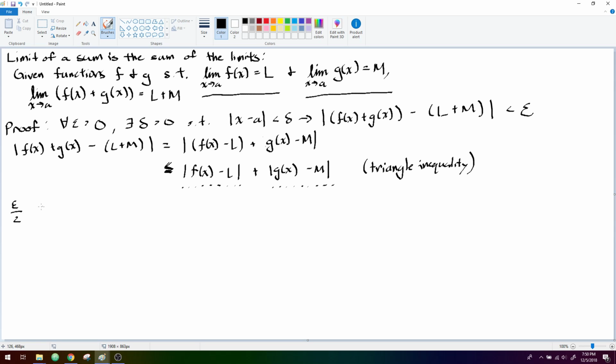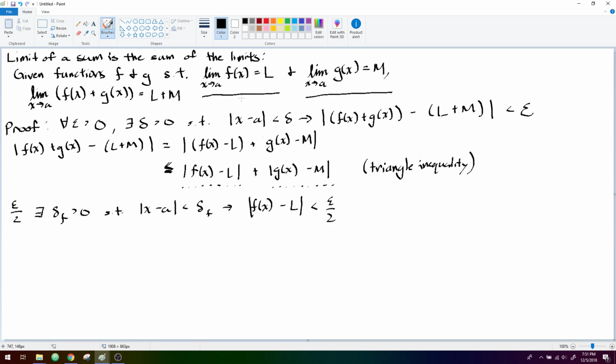We know that for epsilon over 2, there has to exist some delta f, which is greater than 0, some real number delta f, which has the property that if I were to squeeze x minus a to being smaller than delta f, then I have guaranteed that f of x minus L in absolute value must be smaller than epsilon over 2.